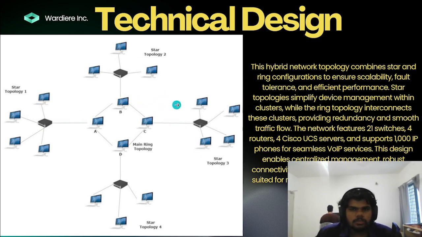The network features 21 switches, 4 routers, 4 Cisco UCS servers, and supports 1000 IP phones for seamless VoIP services. This design enables centralized management, robust connectivity, and high efficiency, making it well suited for modern and future networking needs.